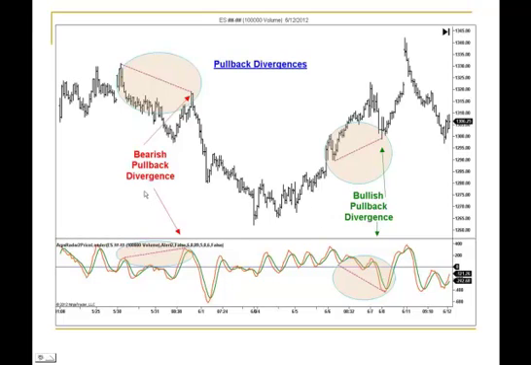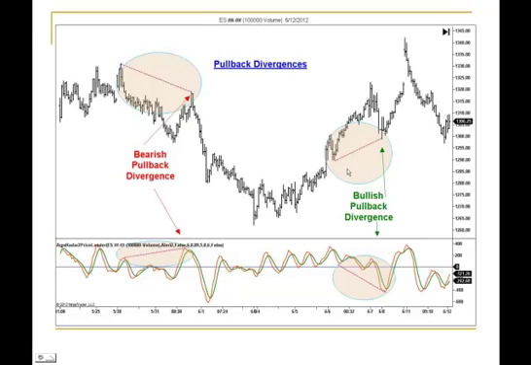Here are some more examples of a bearish pullback divergence. We have lower highs in the price, higher highs in the oscillator. Ergo, a bearish pullback divergence. And this is a 100,000 share intraday S&P volume chart.